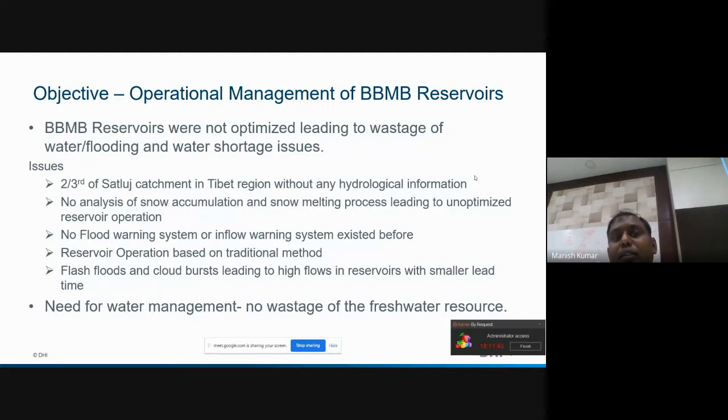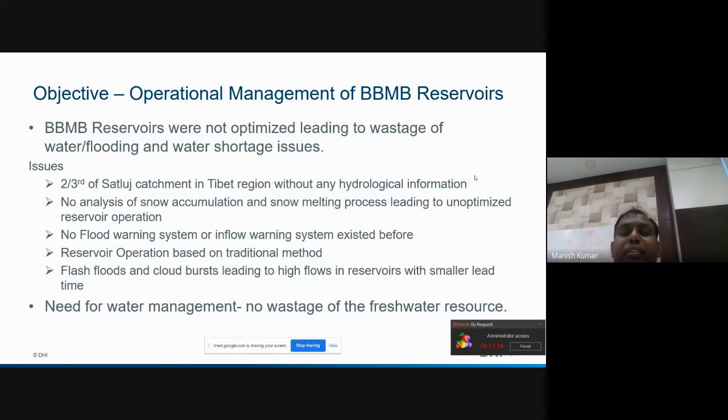Now, in Satluj, two-thirds of the catchment is in the Tibet region, and there is no exchange of real-time data information between Tibet and India. So there is no hydrological information for almost two-thirds of the Satluj catchment area.